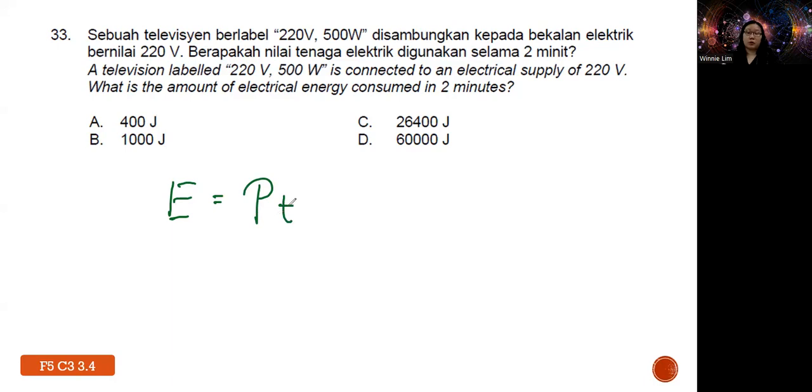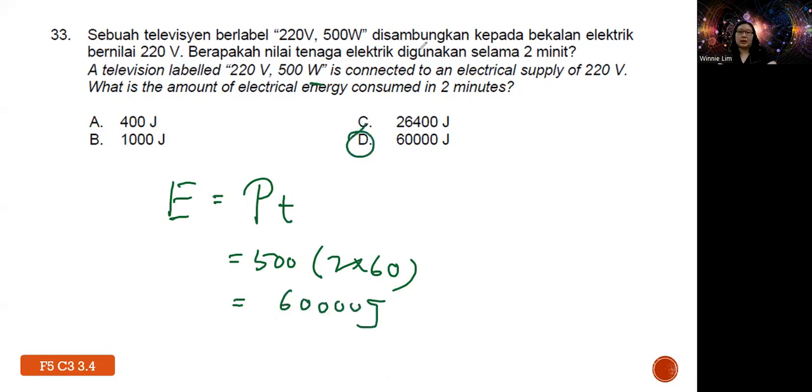Same goes if you use it for a longer time. Power is in terms of watt, so you have 500, and the time must be in terms of seconds, so 2 times 60. Then you calculate, and you're supposed to get 60,000 joule, D.